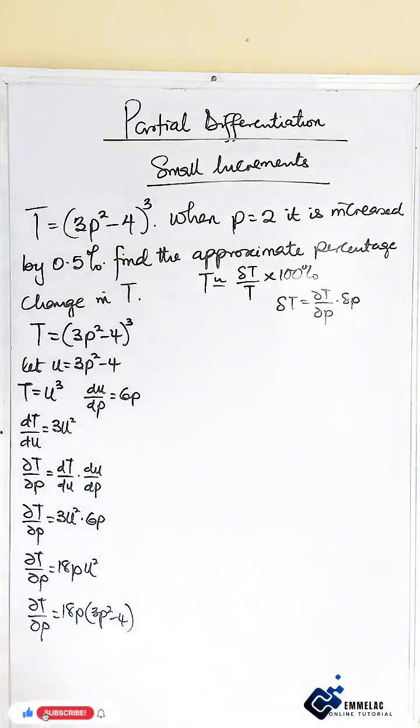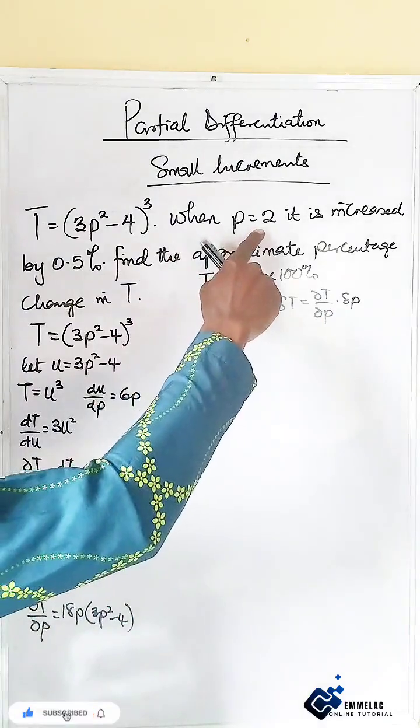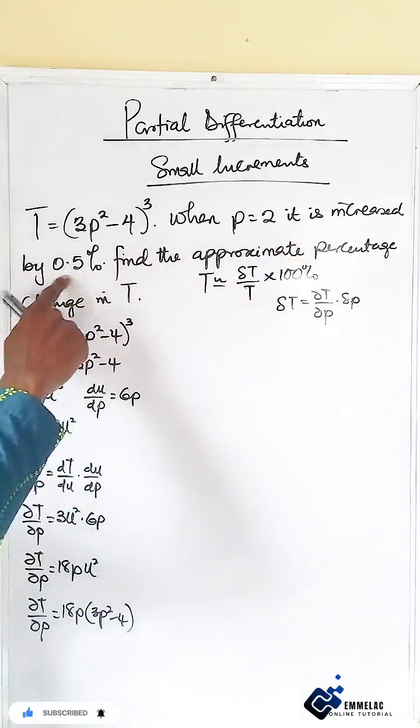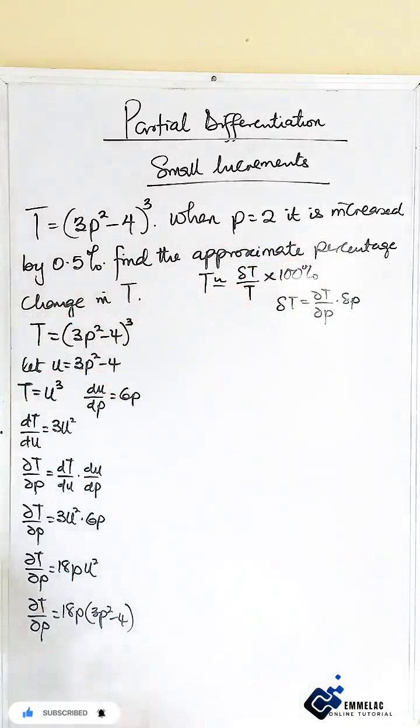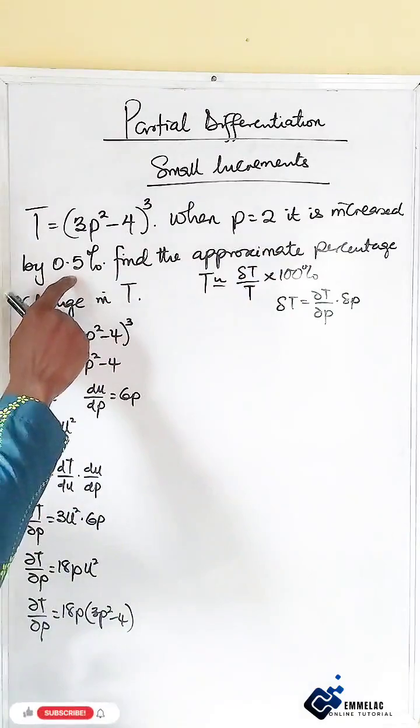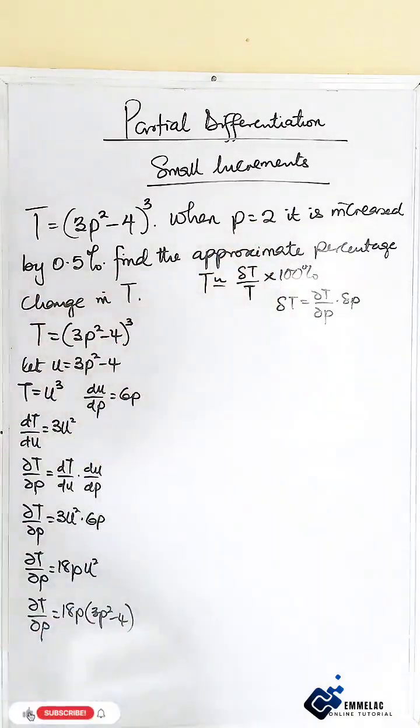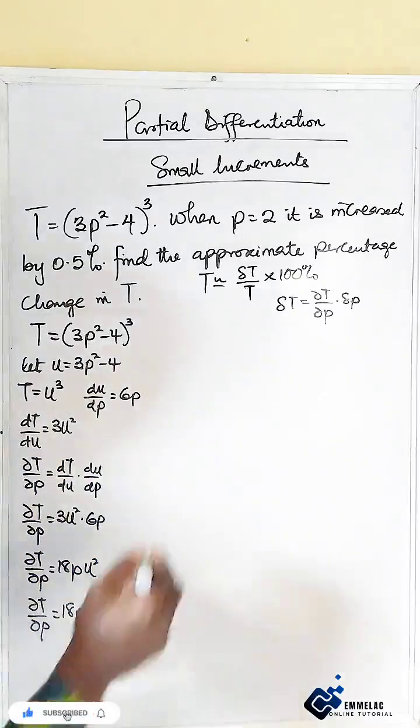Take note from the question, p equals 2, but it is now increased by 0.5%. Let us find the 0.5% of 2.